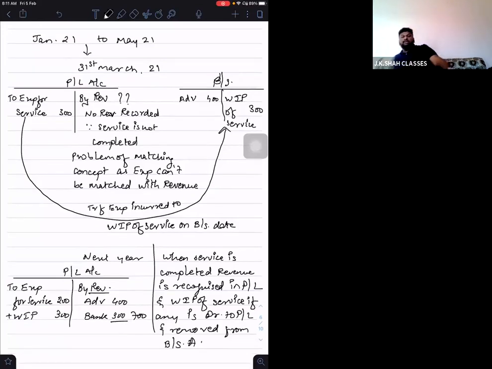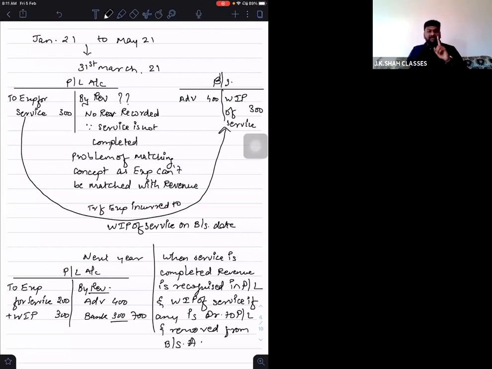So always remember, with respect to your indivisible services, if as on 31st March, any service is yet to be completed, obviously the revenue may not have been recorded.